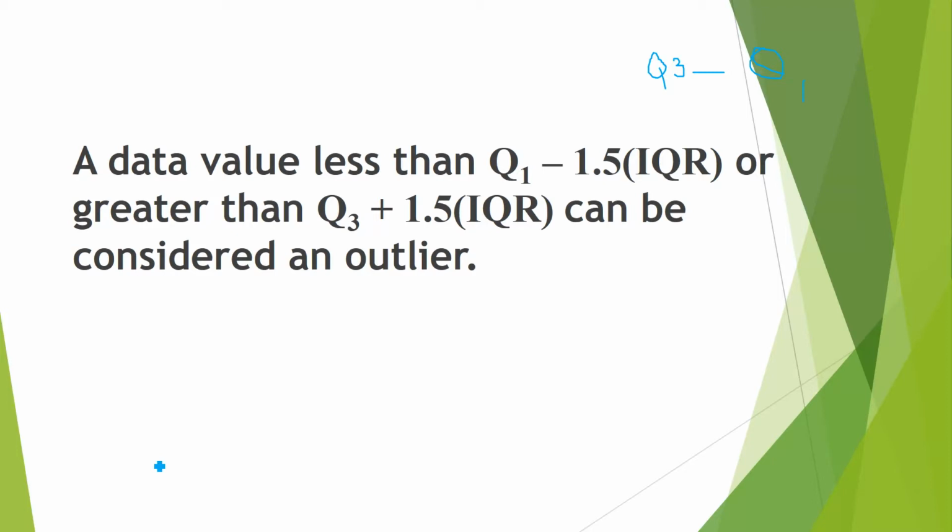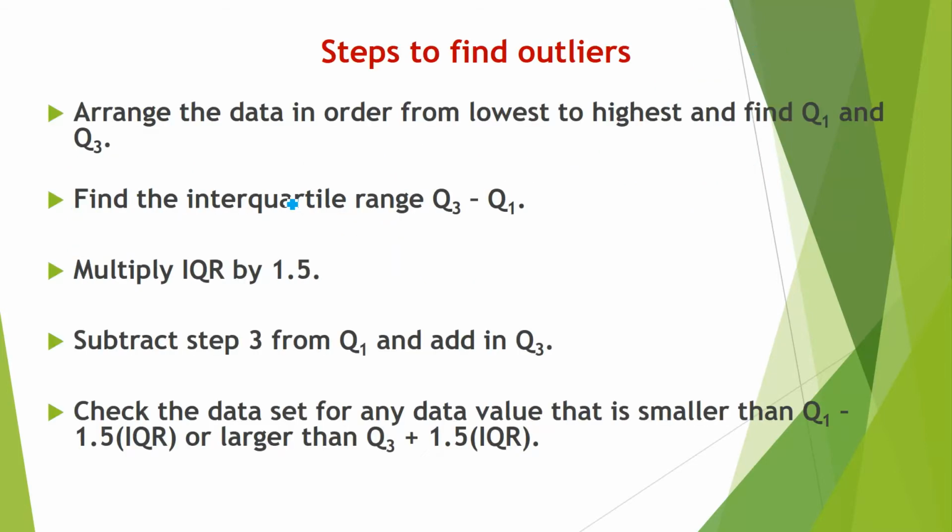If you didn't watch that video, I recommend you kindly go and watch it. Then it will be much clearer how to calculate Q1, Q2 and Q3, which are called quartile 1, quartile 2 and quartile 3. So a data value less than quartile 1 minus 1.5 interquartile range, or greater than Q3 plus 1.5 IQR, can be considered an outlier.